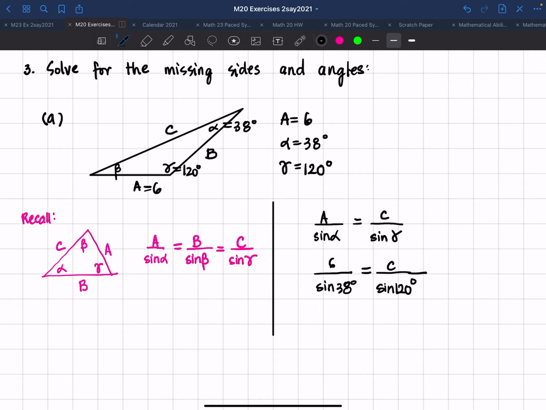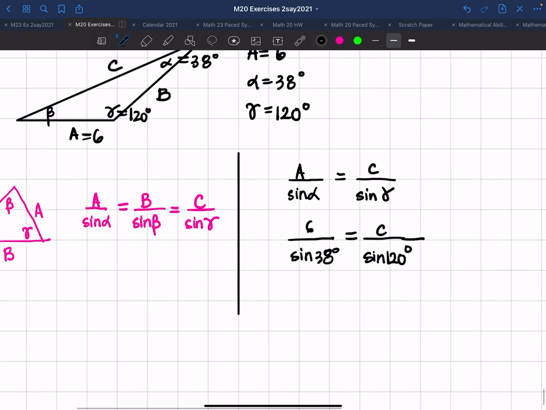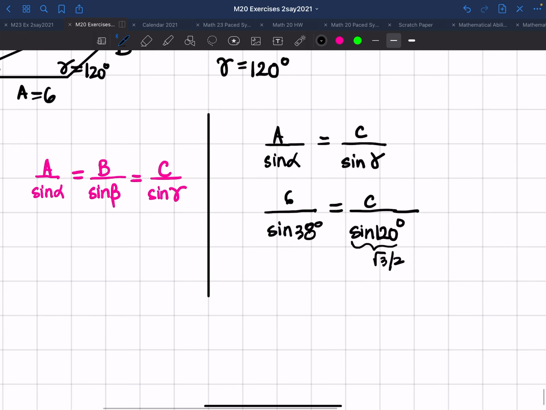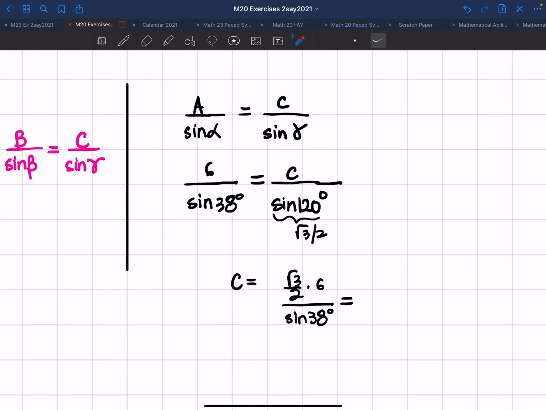But we know that sine 120 degrees is square root of 3 over 2. So, pwede ka mag-multiply both sides ng square root of 3 over 2 to get C. So, C is square root of 3 over 2 times 6 divided by sine 38 degrees, or cancel, magiging 3 square root of 3 divided by sine 38 degrees.